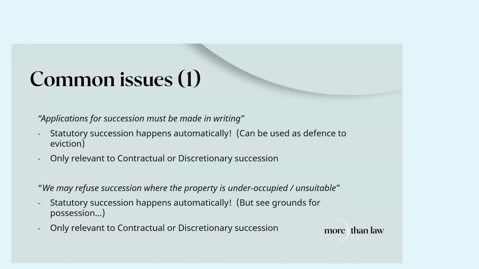Another thing I often spot is when clients' procedures say we may refuse succession where the property is under-occupied or unsuitable. Well, again, it depends. If it's statutory succession, then that occurs automatically by operation of law. There may be certain grounds for possession, though, even with a statutory succession, certainly for certain tenure types.